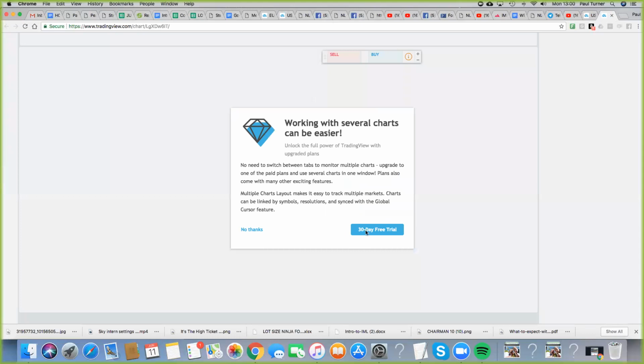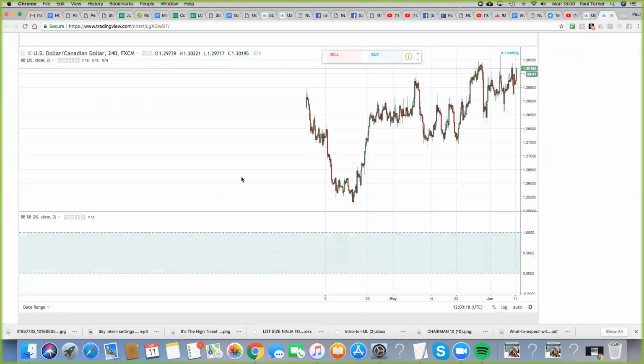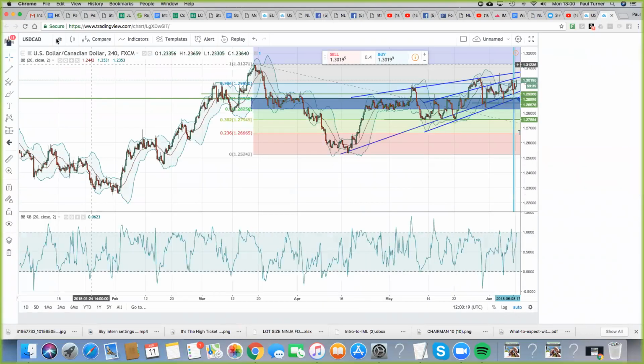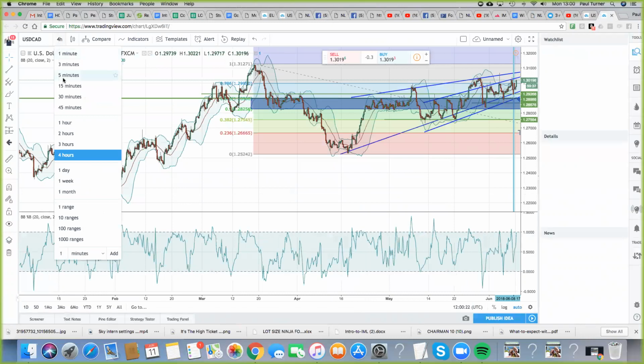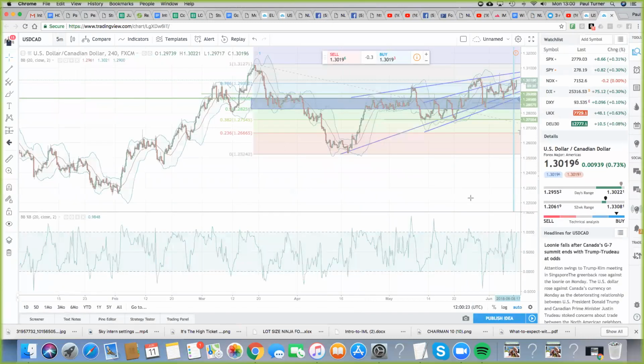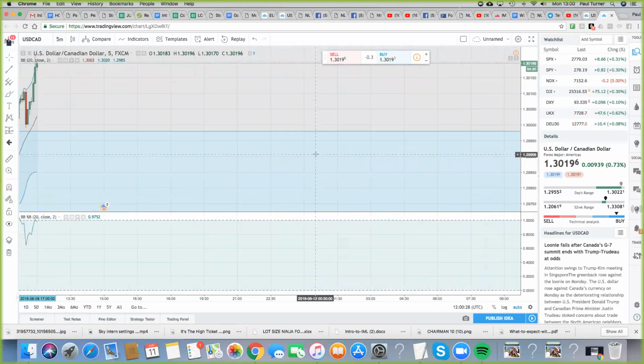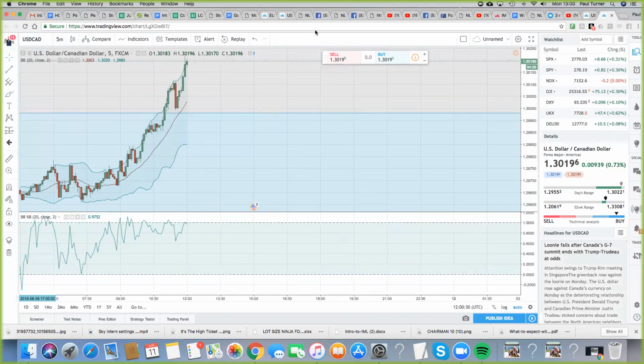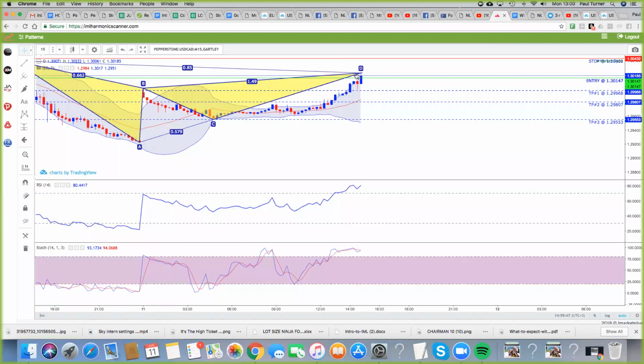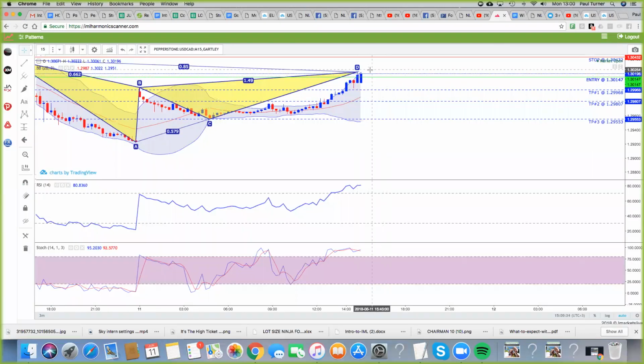But if I go to USD CAD, on my free account, what we can do is go down to a 5-minute chart. And when we're waiting for that last candle to move, all we're looking for is for it to start moving in the right direction that we want it to go before we jump into the trade.